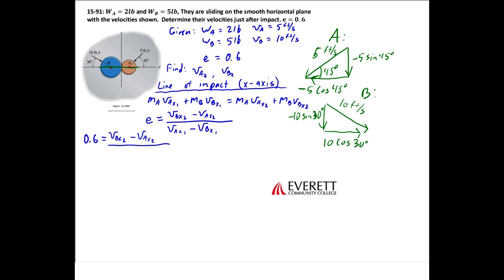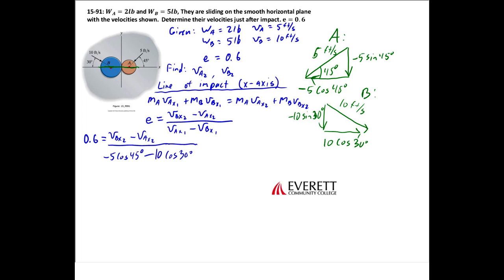So we're going to take vₐₓ₁. vₐₓ₁ is negative 5 cosine of 45 degrees. And then we're going to subtract v_bₓ₁, which is 10 cosine of 30 degrees. There we go. Now we're going to take the denominator and move it to the other side.